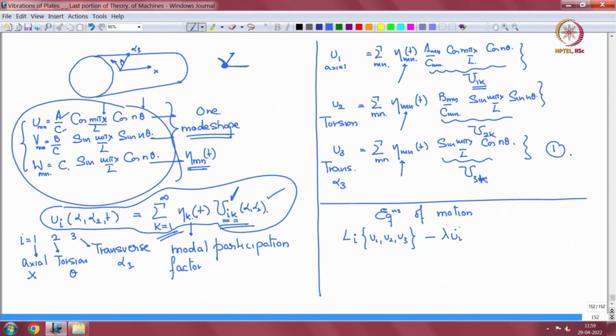Okay, damping is a difficult topic, I'll talk about it briefly. Minus rho h u_i double dot is minus q_i. So it comes out like this with all minuses. That is why I showed you the plate example in the beginning.